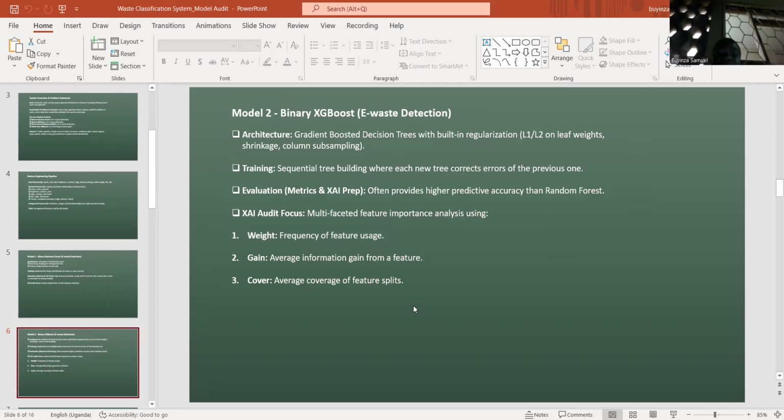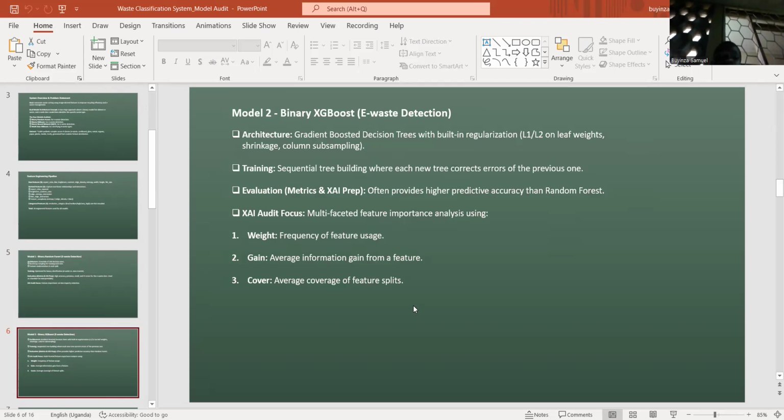So when we come to model 2, that is the binary XGBoost for the e-waste detection, here we look at the architecture being gradient boosted decision trees with built-in regularization, that is L1 and L2 on leaf weights, shrinkage, and column sampling. Then we have training, which is majorly sequential tree building, where each new tree corrects the errors of the previous one.